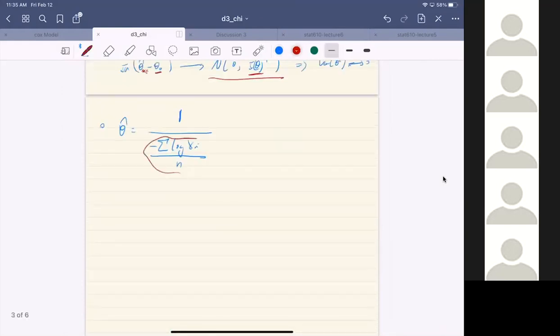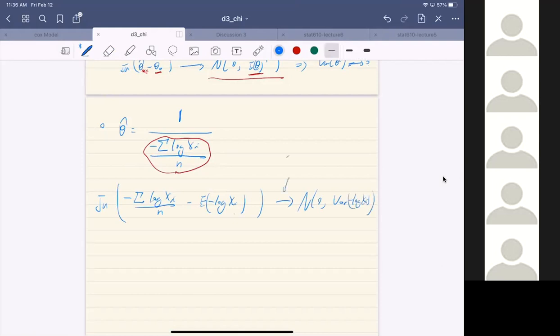We know that the variance of this one will converge to 0. So what we can do is like this. We know this will converge to this. Take the square root of this, times the variance of this. This is just by the central limit theorem.